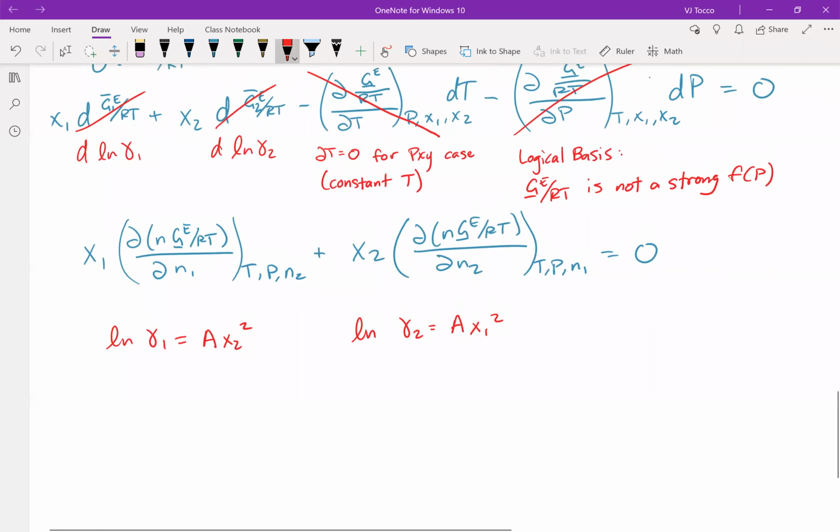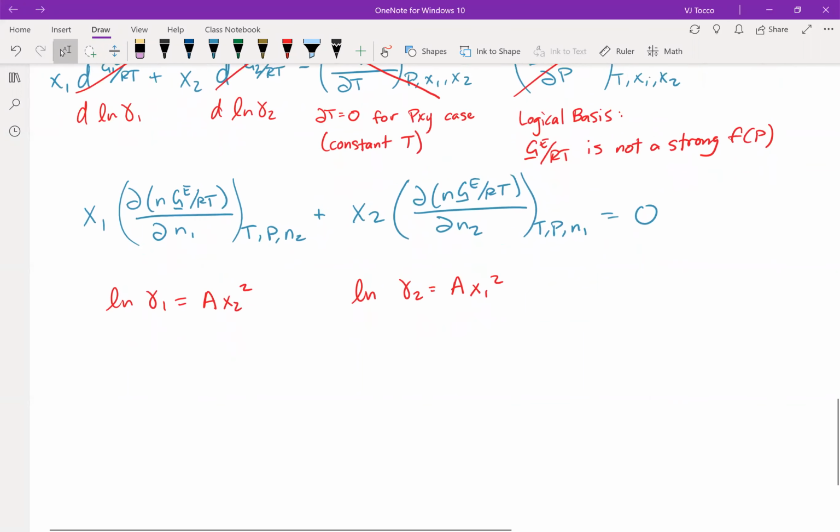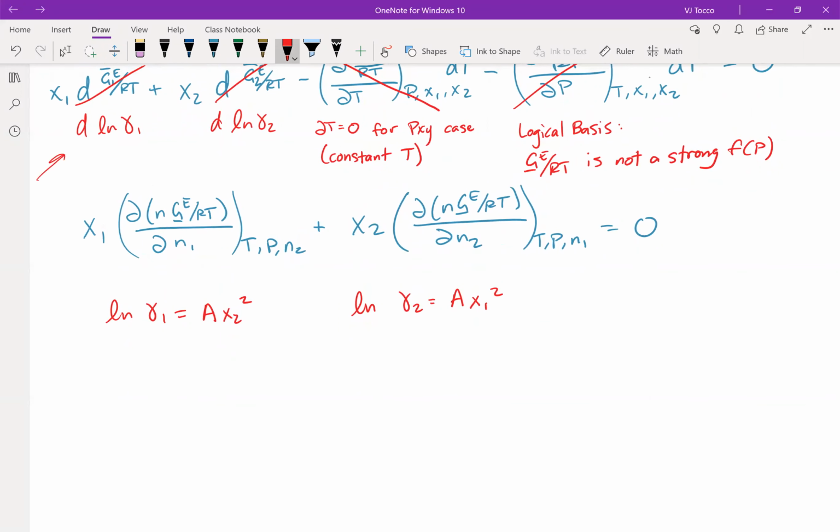So let's go ahead and do it. I'm going to substitute into this form of the equation now. So it's x1 times d... Oh, and I need to take the derivative with respect to something. So I need to take it with respect to x1.